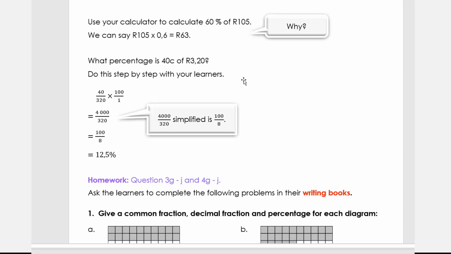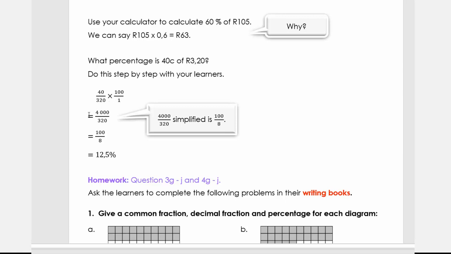If you got 7 out of 10, what percentage is that? So we're going to say 40 cents over 320 cents. Look how I converted the rands into cents. So it's 40 over 320 multiplied by 100 over 1, because what we ask is we want to know what the percentage is.